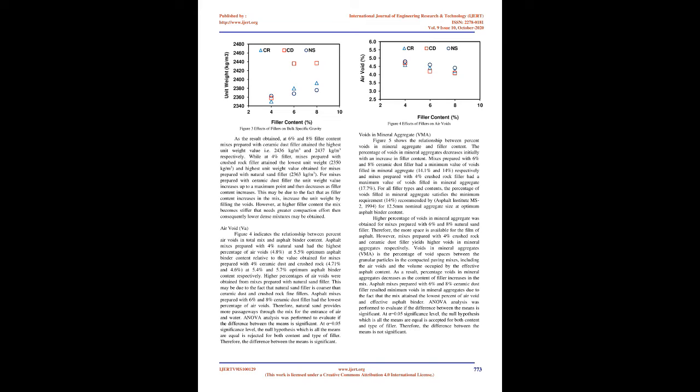The result indicates that the weight of compacted specimen increases with an increase in filler content, due to the reason that as filler content increases in the mix, filler fills out the air voids, which allows for denser compaction. As the result obtained, at 6% and 8% filler content, mixes prepared with ceramic dust filler attained the highest unit weight value, i.e. 2436 kg/m3 and 2437 kg/m3 respectively.